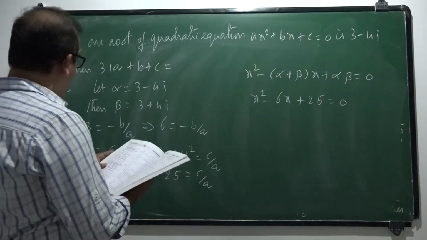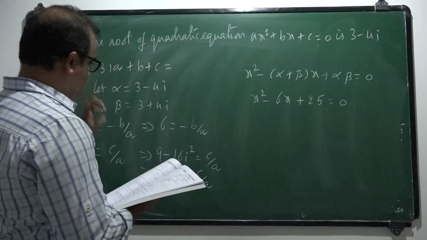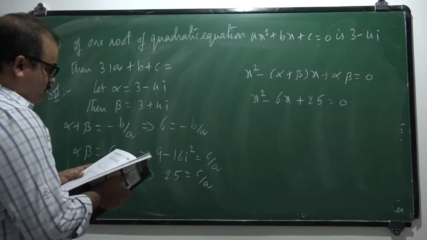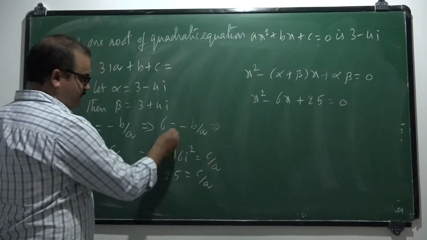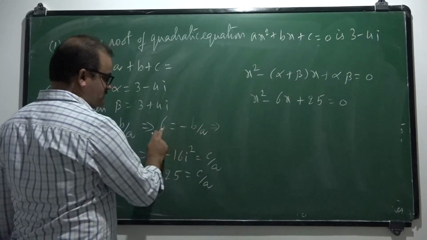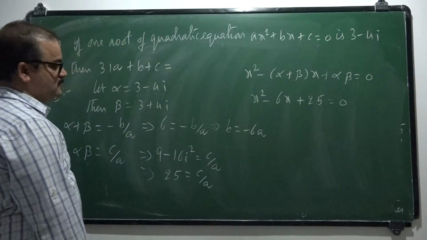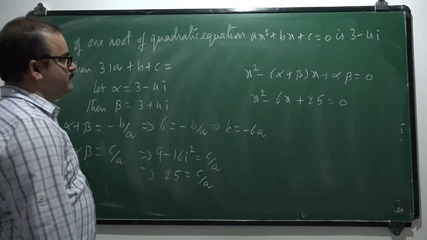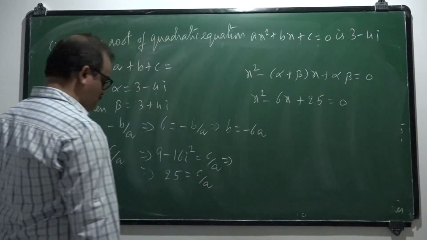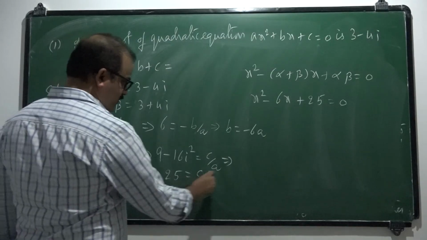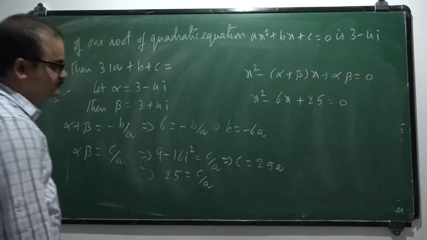But here we want to find the value of 31a plus b plus c. Here minus b by a is equal to 6. From this minus b is equal to 6a, b is equal to minus 6a. Here also c by a is equal to 25, c is equal to 25a.